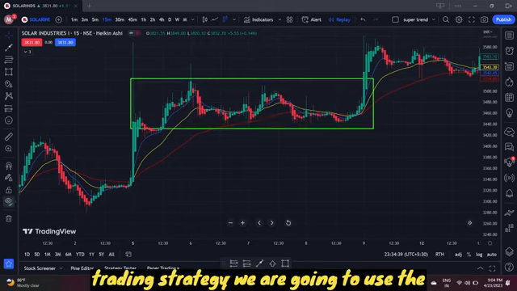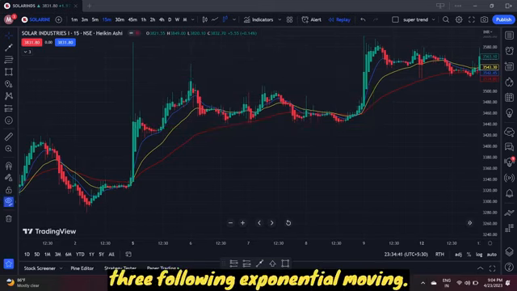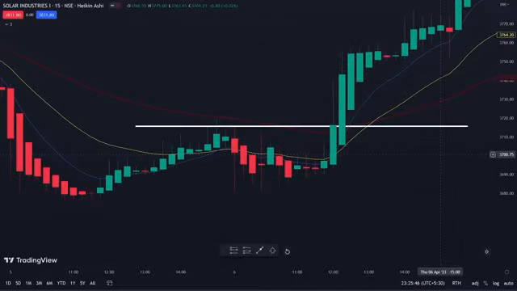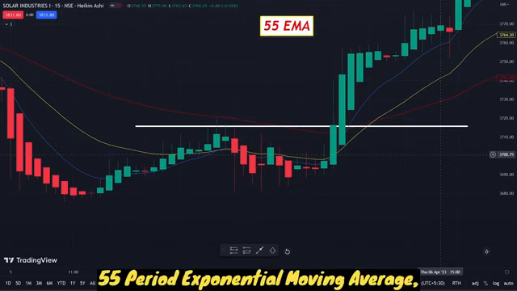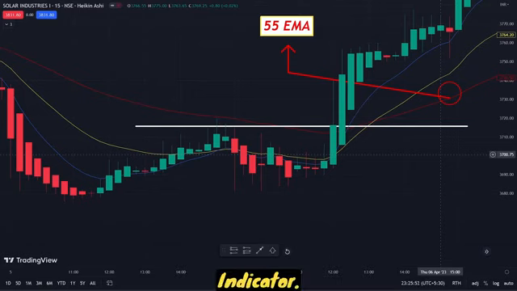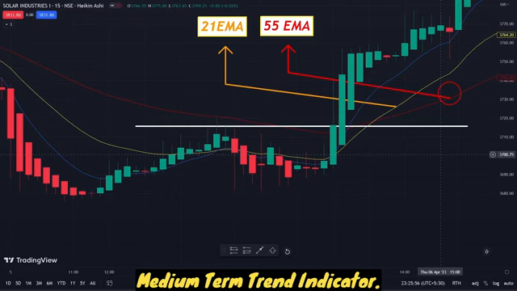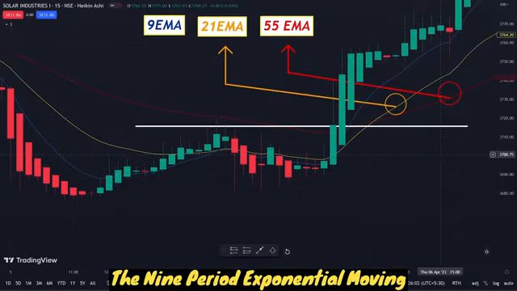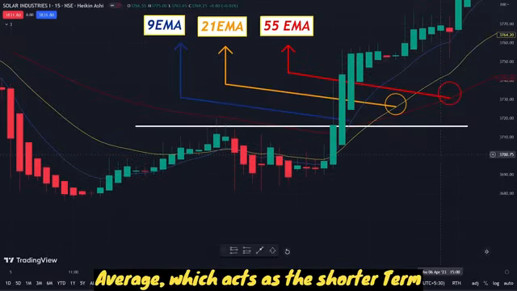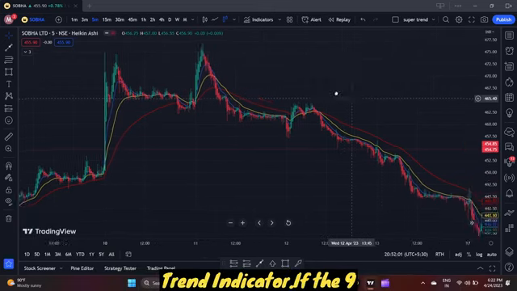In this scalping trading strategy, we are going to use the 3 following exponential moving averages: 55-period exponential moving average, the longer-term trend direction indicator; 21-period exponential moving average, the medium-term trend indicator; and the 9-period exponential moving average, which acts as the shorter-term trend indicator.